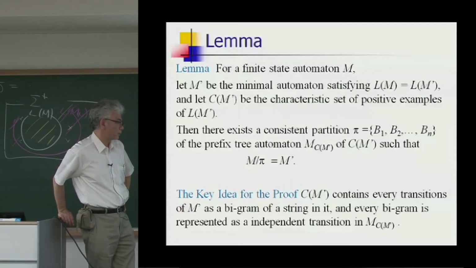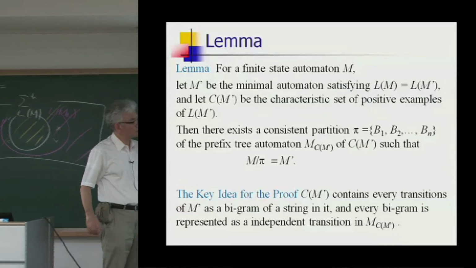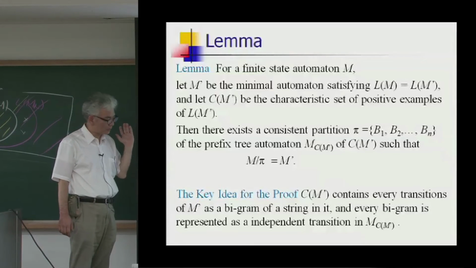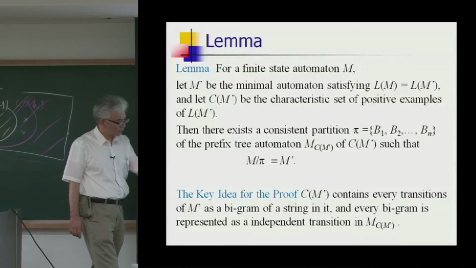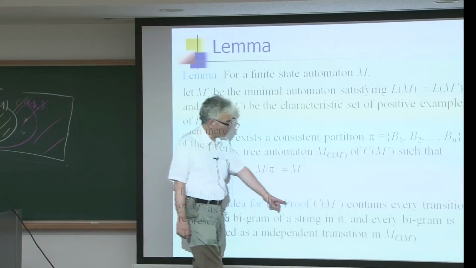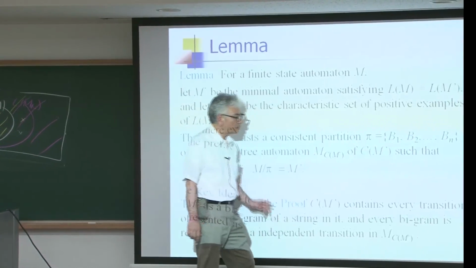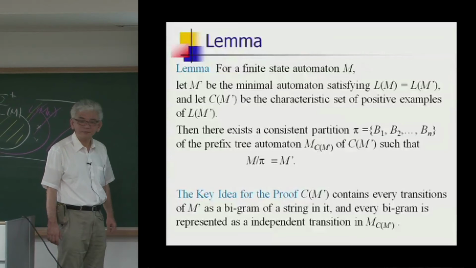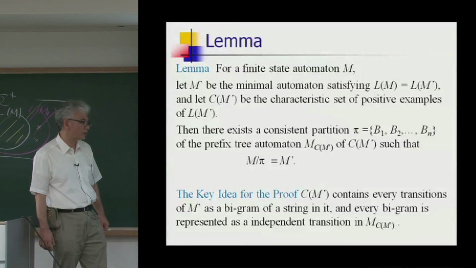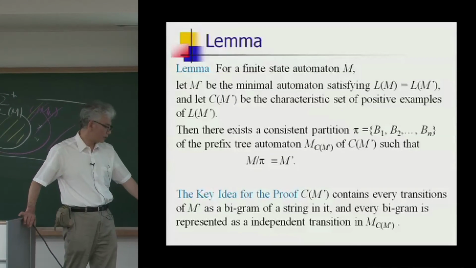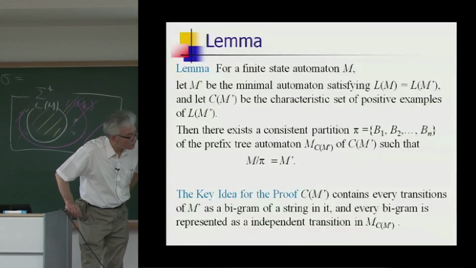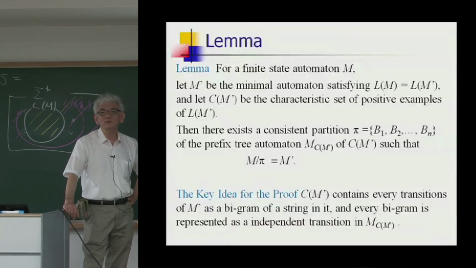Okay? And this lemma is just what I explained before. The key idea for the proof is that C(M') contains every transition of M as a bigram of strings in it, and every bigram is replaced by an independent transition in M/C. Okay?